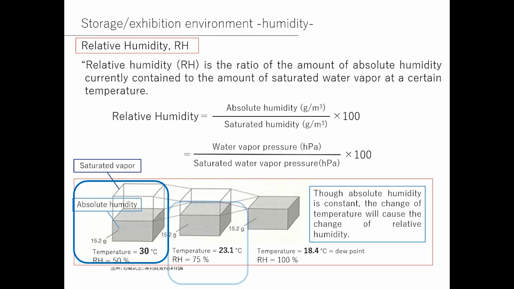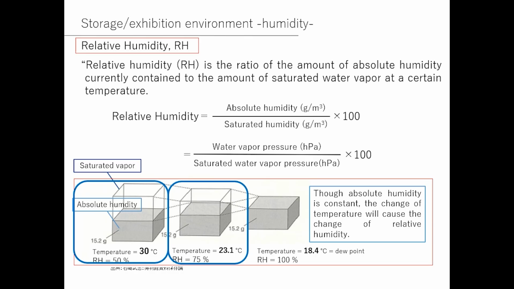When the temperature drops to 23.1 degrees Celsius, the amount of water vapor, if the air is saturated, also decreases, and the volume of the container also decreases. At this time, the absolute humidity has not changed, but since the ratio to the amount of water vapor if saturated vapor has changed, the relative humidity changes to 75%.